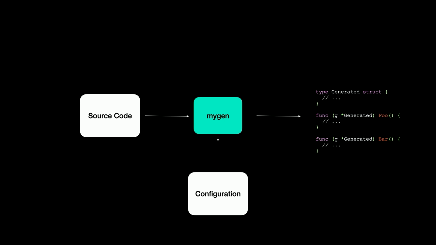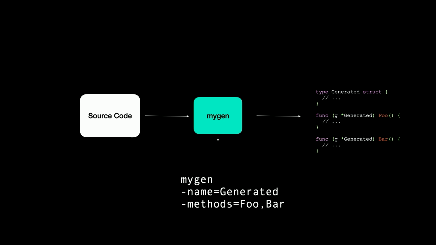One is the source code that they're using as the reference input, and then some kind of configuration. So a code generator will often read source code and then use some configuration to decide what to output. A really common source of that configuration would be command line parameters of what to generate, but just as easily a configuration file, or some combination of the two, is a very popular choice.